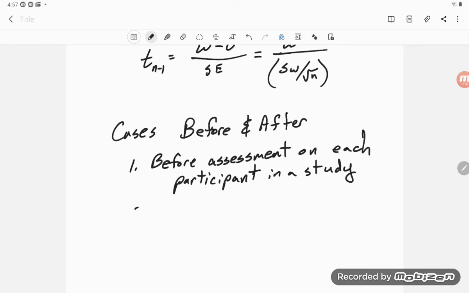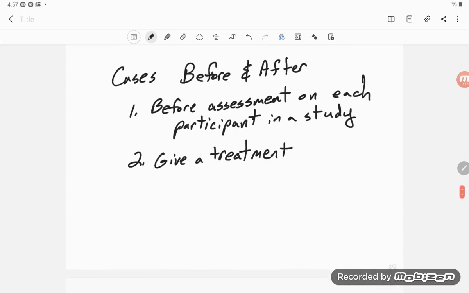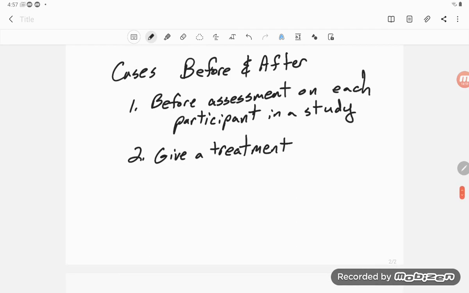So I do that. That assessment has some sort of numerical score. Then I give a treatment. Now that treatment could be a review for an exam in a class. It could be a particular presentation. It could be a medication.